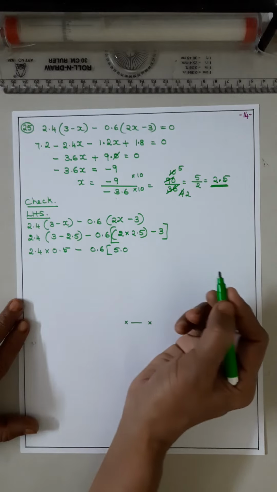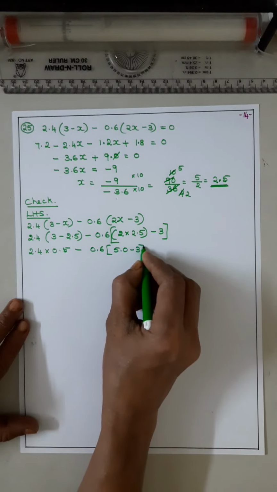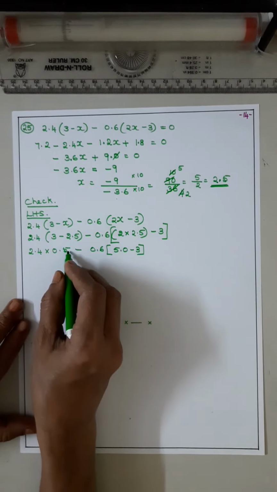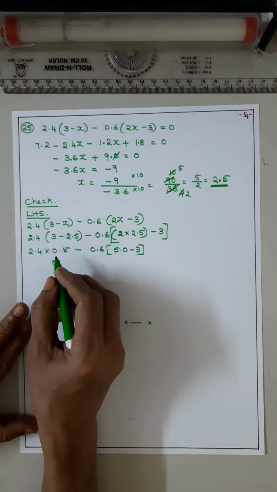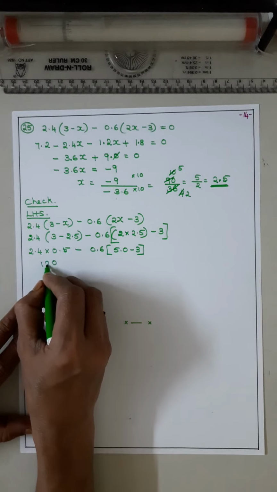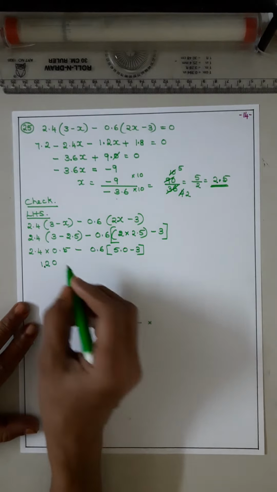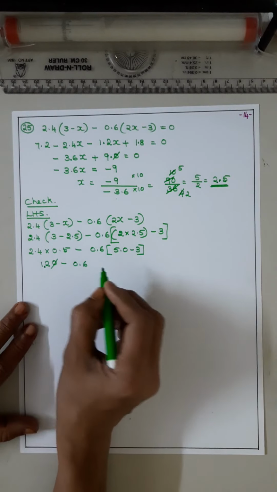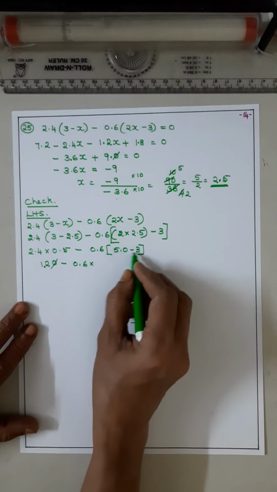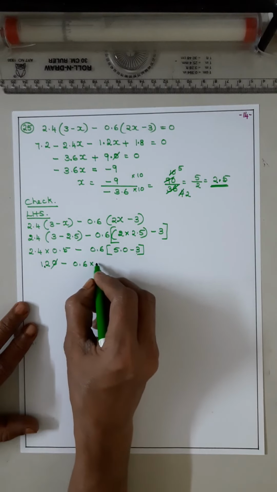That means 5.0. This became 5 4s are 20. 5 2s are 10, 11, 12. That means 1, 2 became 1.2. Minus 0.6 into 5 minus 3 is 2.